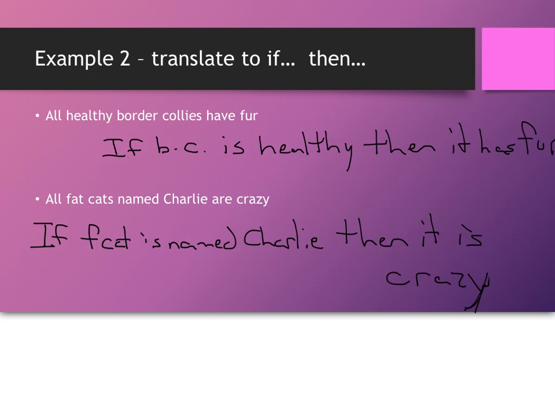I hope that makes sense to you. This if-then type terminology. I should put a period there. Okay. Now, what we're saying with the if-then statement is that if I know healthy, then it's going to have fur, guaranteed. All right? If I know the name's Charlie, then it's guaranteed to be crazy.